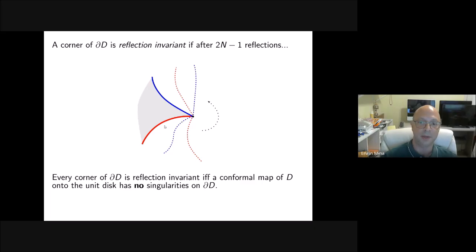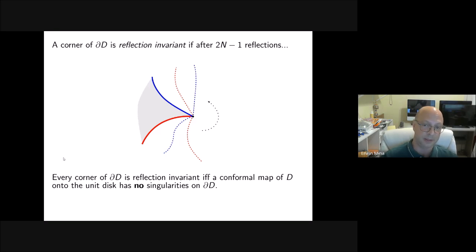Okay, so now you can reflect the red arc across the new blue arc, and then you create a new red arc, right? And then you can continue like this. So there are two possibilities. Maybe you return to the original arc after a number of reflections, or maybe you don't. But if you return to the original arc, this property we call reflection invariance for that corner, because after a number of reflections, you come back to the original arc.